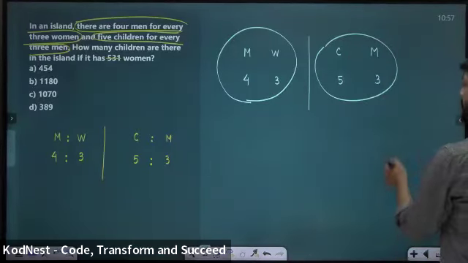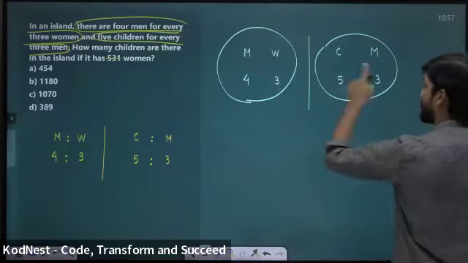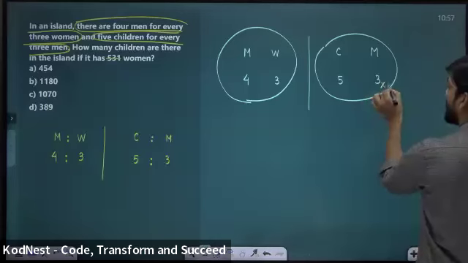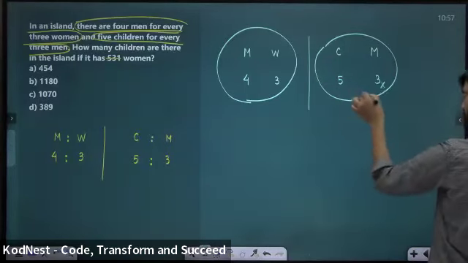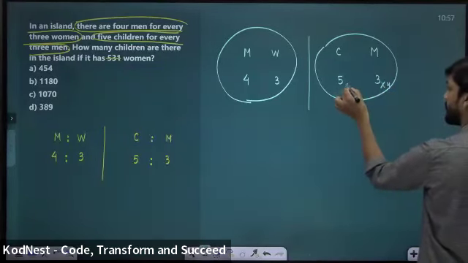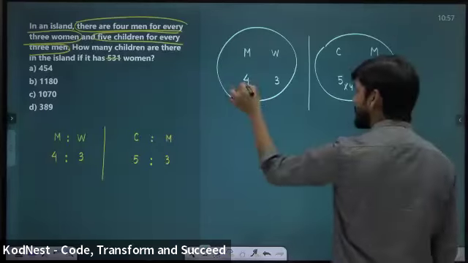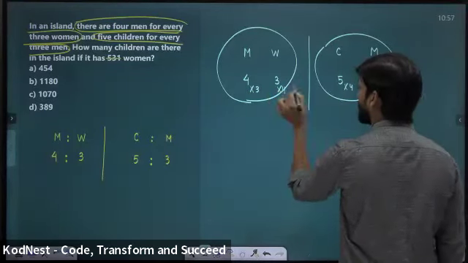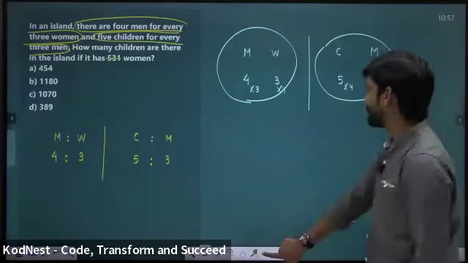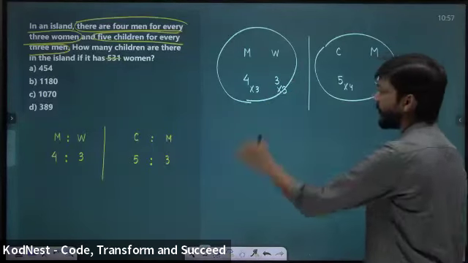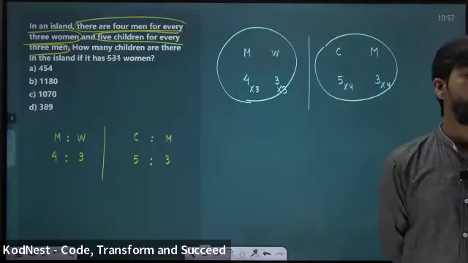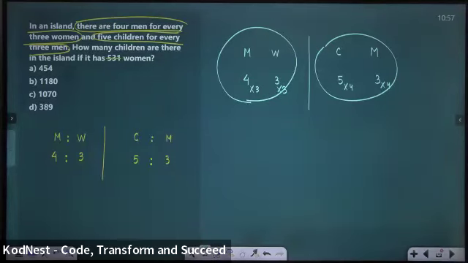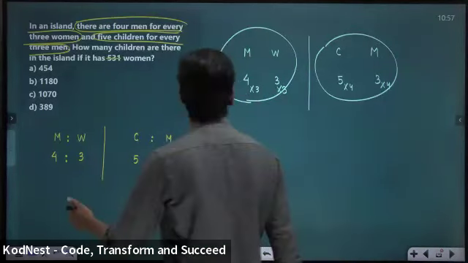So carefully see, please. This is 4, this is 3. If I multiply this set by 4 and this set by 3, now check please. Is it the same? There also I will multiply, no issues.